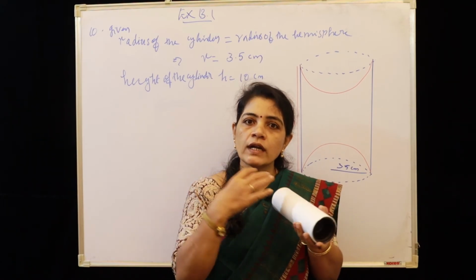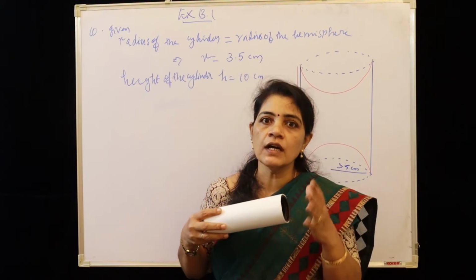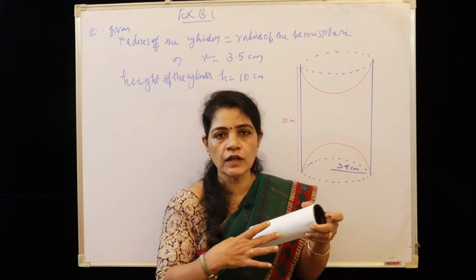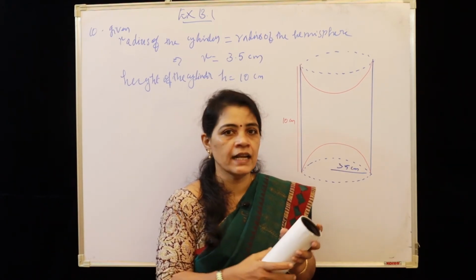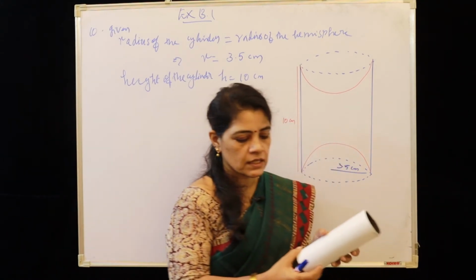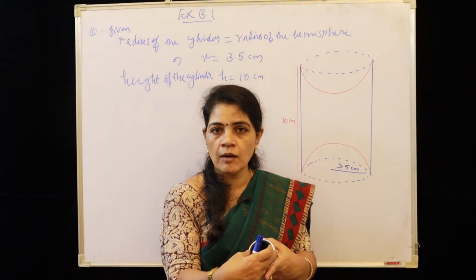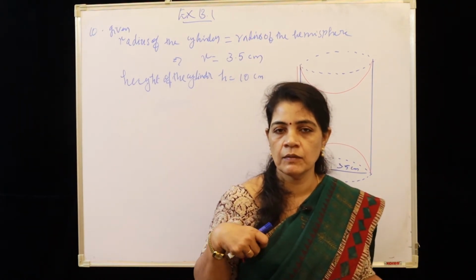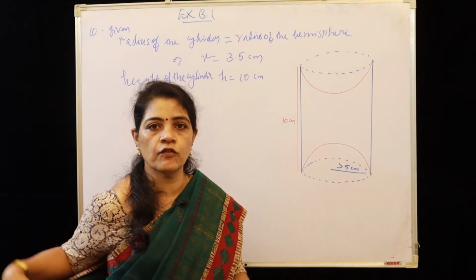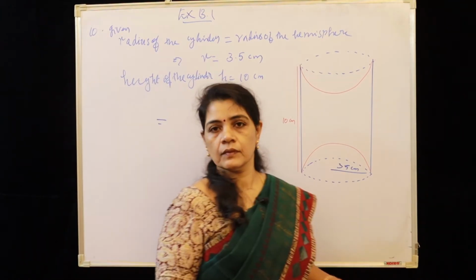What is asked is to find out the TSA of the remaining wooden article. The height of the cylinder is given as 10 centimeter, and the diameter of the cylinder and the diameter of the hemisphere are both the same. That means radius is also the same, so radius can be taken as 3.5 for both the cylinder and the hemisphere.